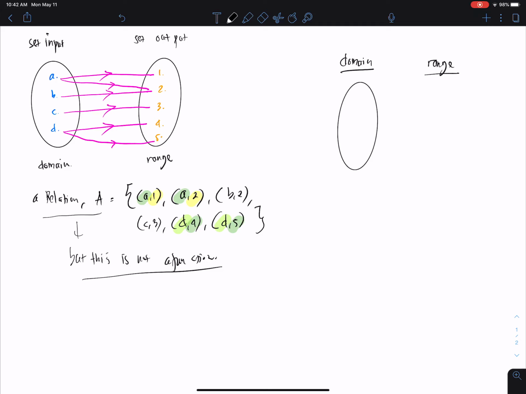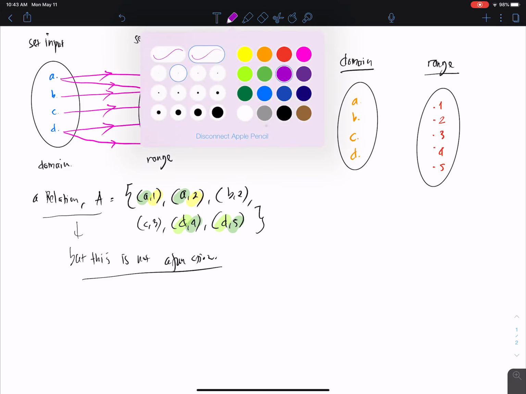Let's say I have the elements A, B, C, D, and for the output I have 1, 2, 3, 4, and 5.